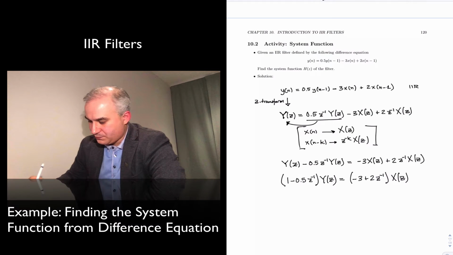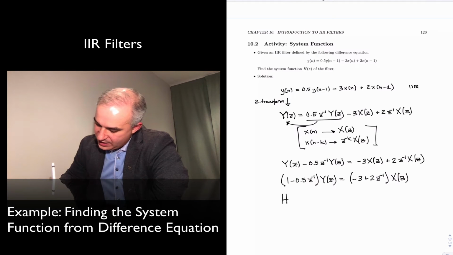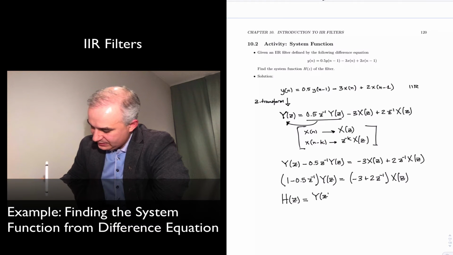Now H of z, the system function, is equal to Y of z divided by X of z.